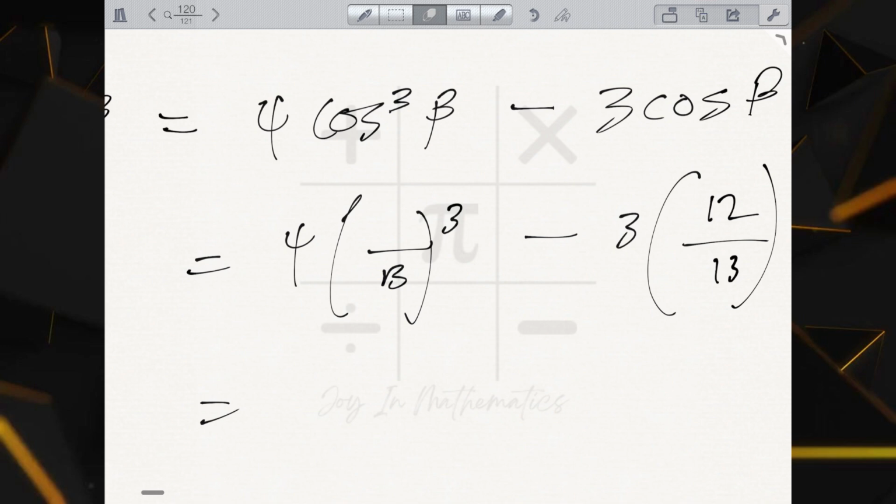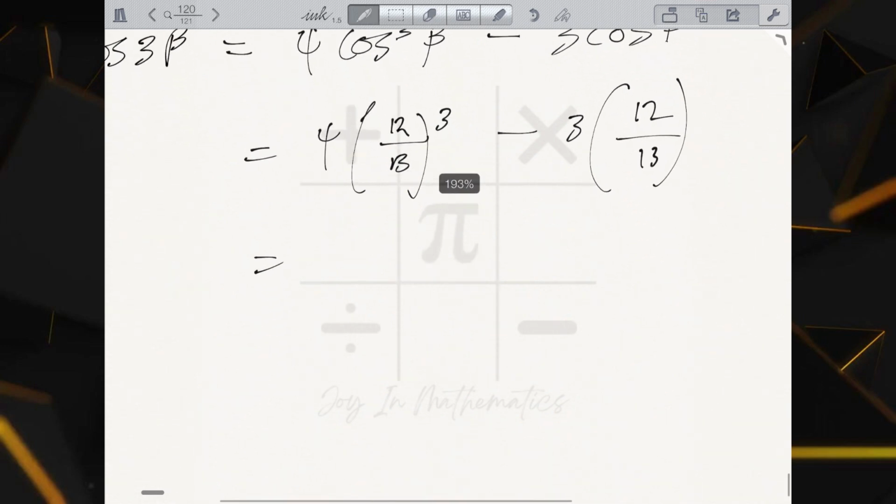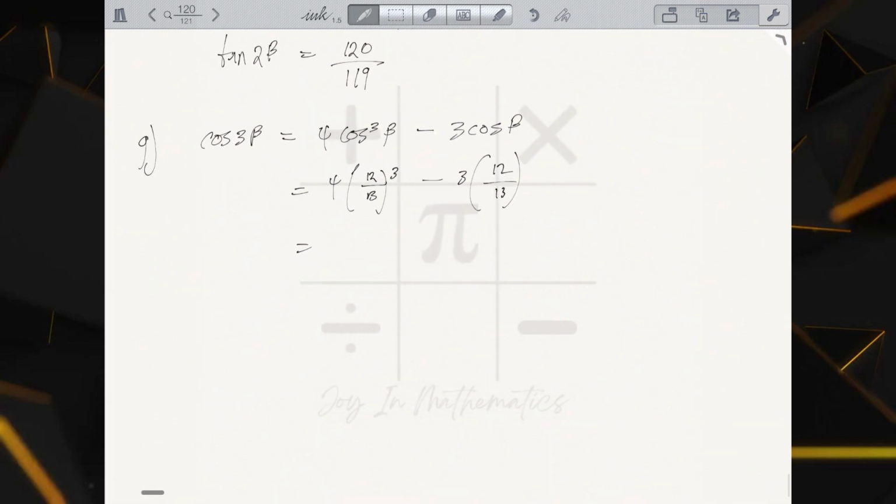So simplifying further, this will result into 4 times 12 raised to the power of 3, which is 1728, over 13 raised to the power of 3, which is 2197, and then minus 36 divided by 13.